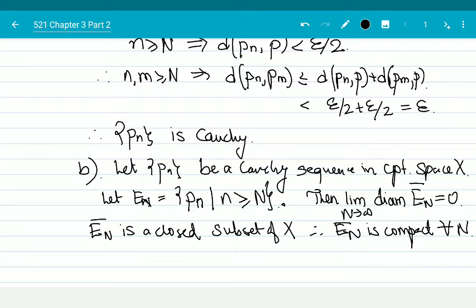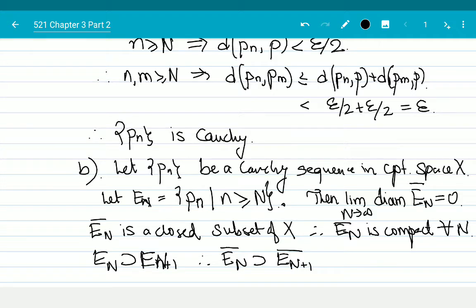Okay. And we also know that En contains En plus 1. Therefore, En bar contains En plus 1 bar.